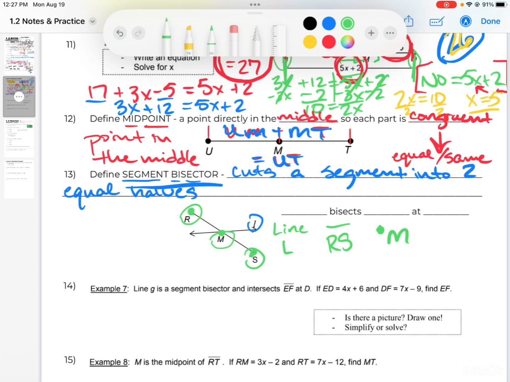In this case, my segment is RS, and it's being cut in half by this line right here, line L. And where are they crossing? Where are they intersecting? Where are they bisecting? They're bisecting at this point in the middle, M.